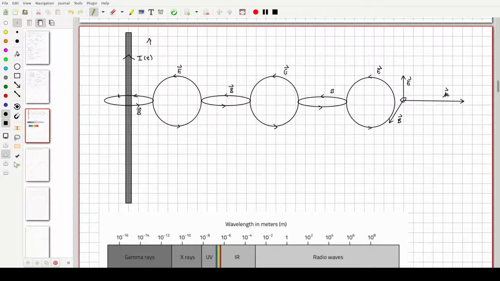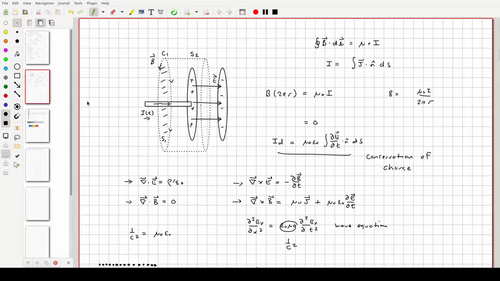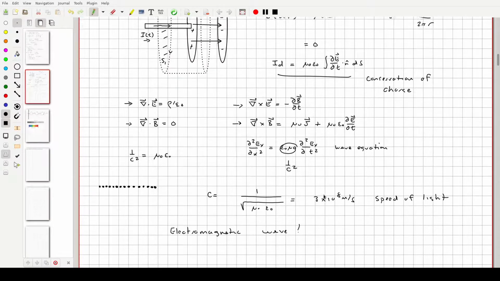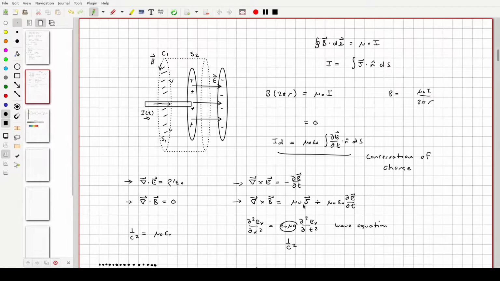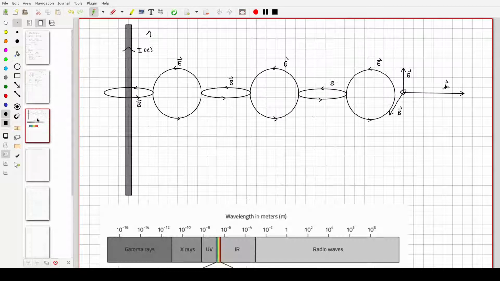Now this magnetic field right here changes with respect to time. If I look at my equations right here, a changing magnetic field with respect to time creates a circulating electric field. But if this is changing with respect to time, and if the electric field is changing with respect to time, that means that you create a circulating magnetic field.